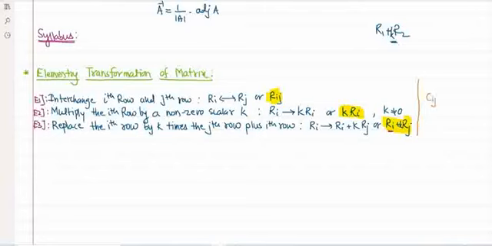You can multiply any column by a non-zero scalar k, where k is not equal to 0. And next, Ci plus k times Cj. As per your requirement, you can further define or consider elementary transformations. Is there any doubt related to this?